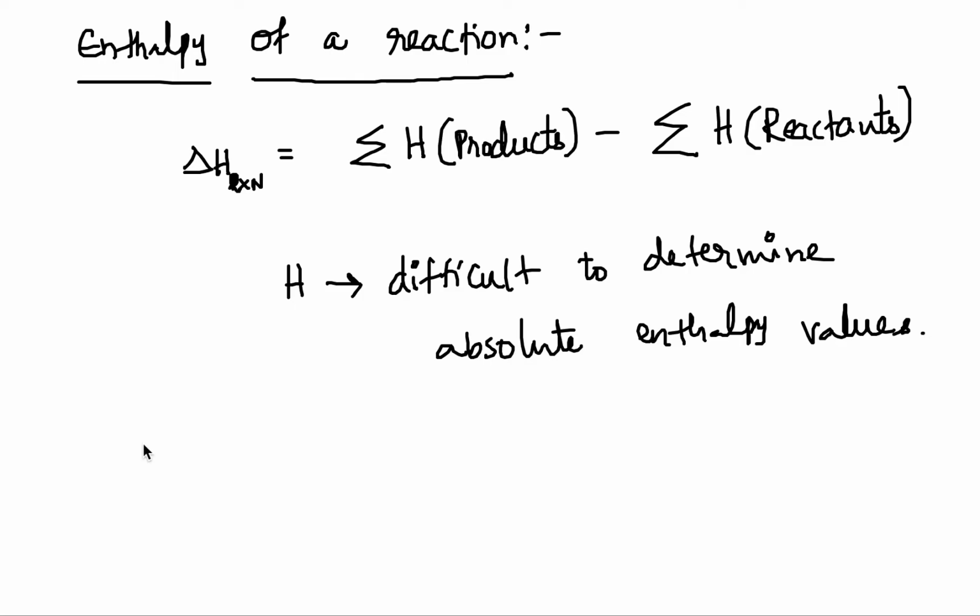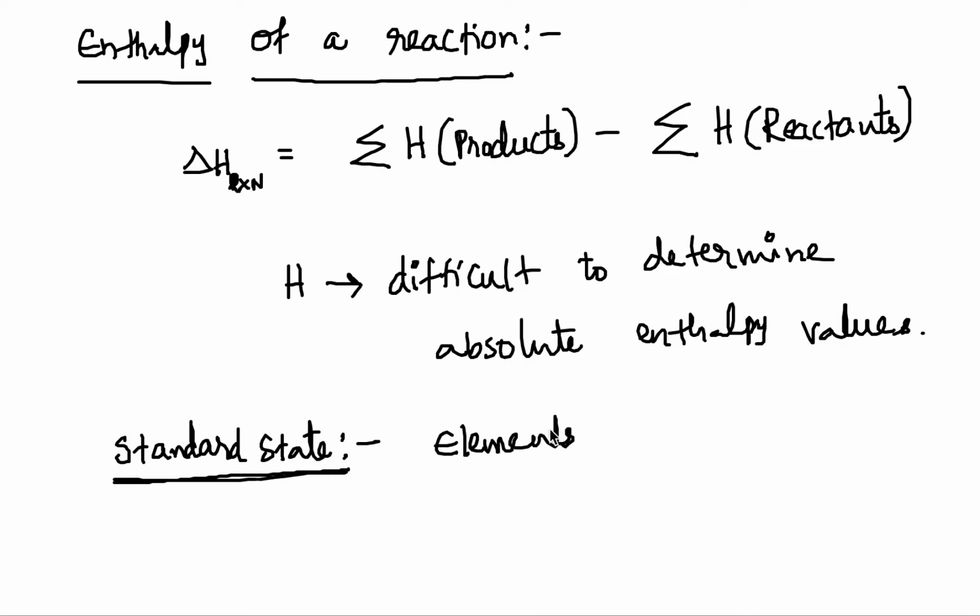For that purpose, something called the standard state was taken as an arbitrary selection. This state was selected arbitrarily, and it is a reference point. What arbitrary value is assigned for the standard state? Basically, elements in their stable form.